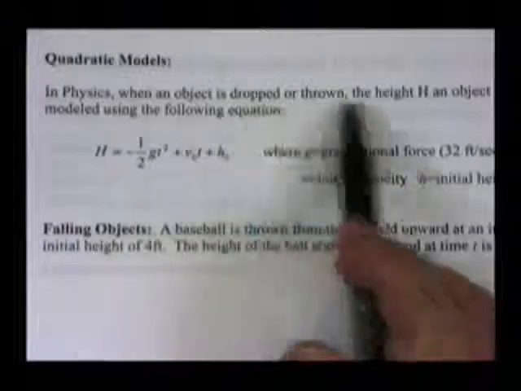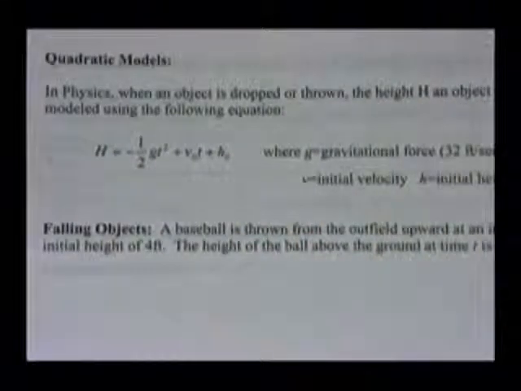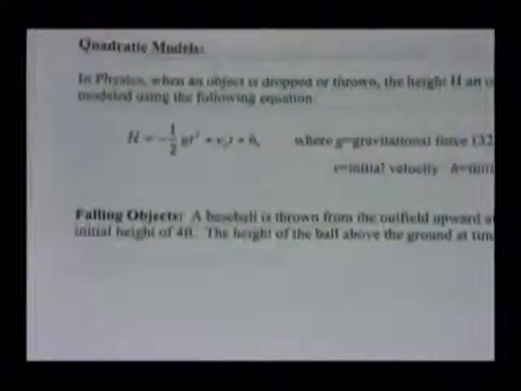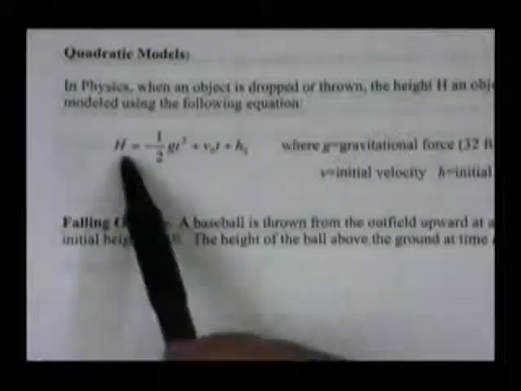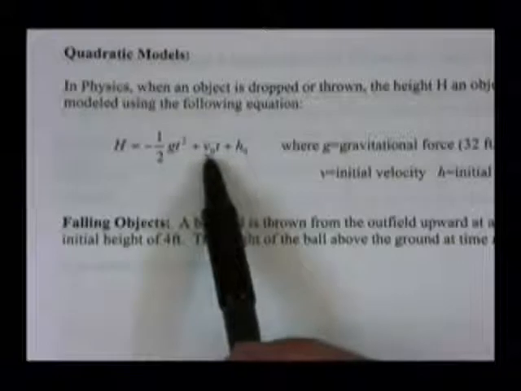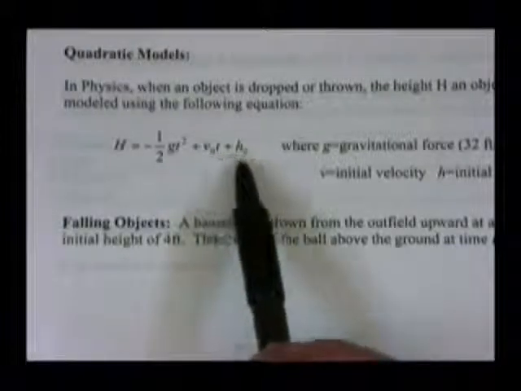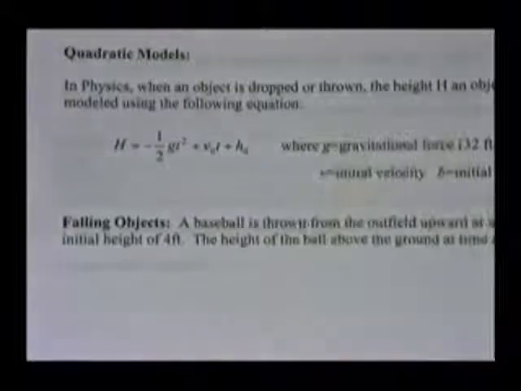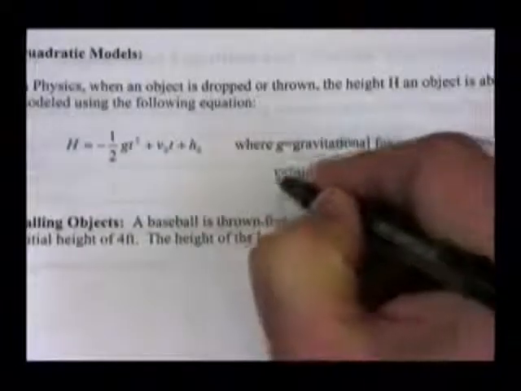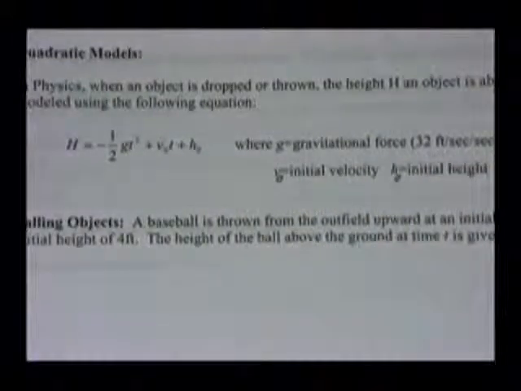So what I've got here is, in physics, when an object is dropped or thrown, the height h an object is above the ground after time t can be modeled by the following equation. h equals -1/2 g t squared plus v naught t plus h naught, where g is the gravitational force, and that's -32 feet per second squared, v naught is the initial velocity, and h naught is the initial height.